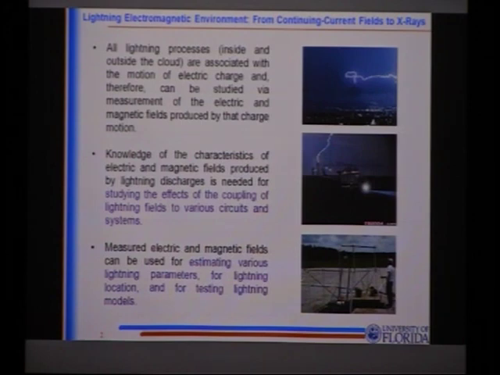And the induced effects are particularly hazardous for sensitive electronic circuits. On the other hand, measured electric and magnetic fields can be used for estimating various lightning parameters, the lightning location, and for testing lightning models. Those fields can also be used for studying the interaction of lightning with the ionosphere.